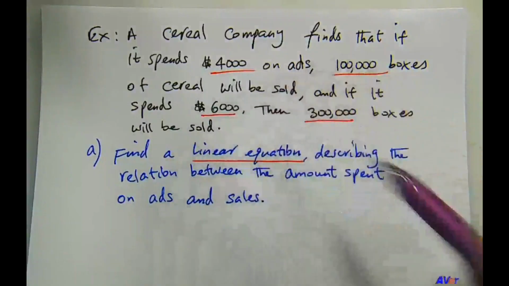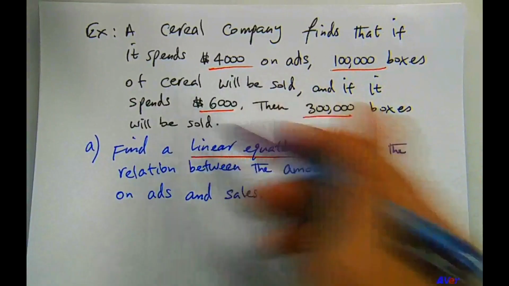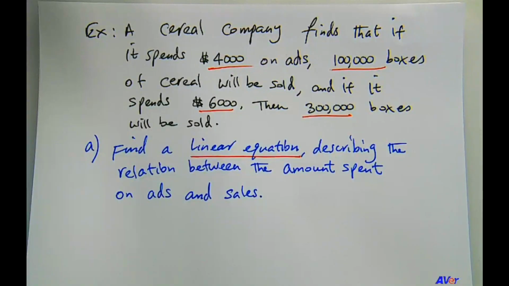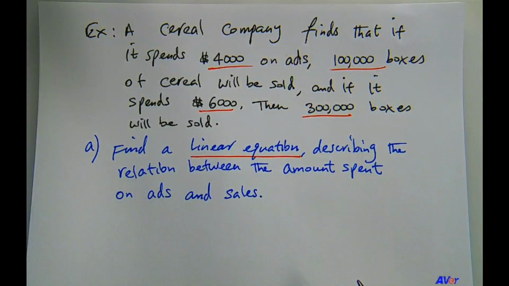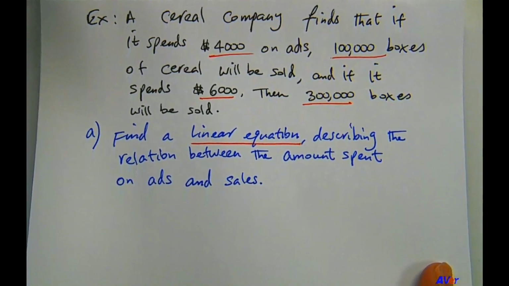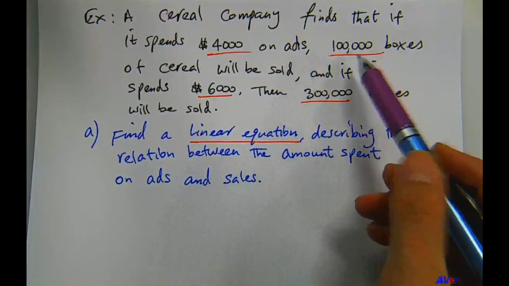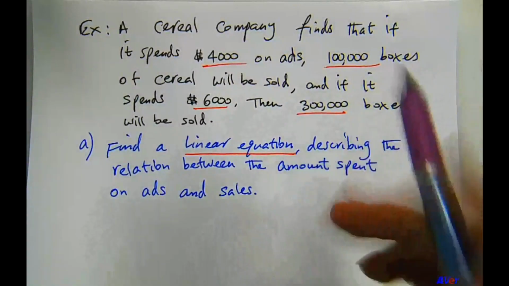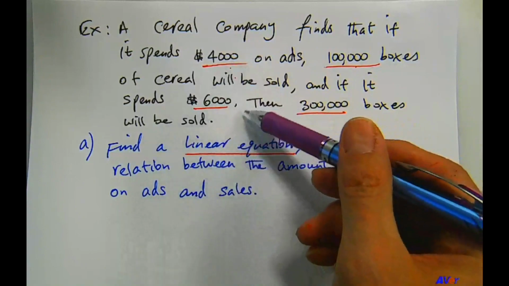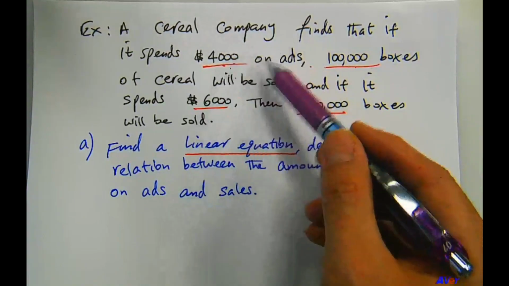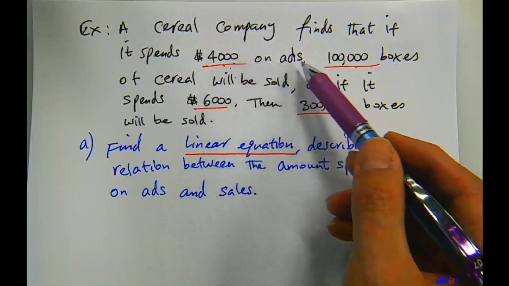So there's definitely a relationship between those quantities. This question then is, which one is the independent variable and which one is the dependent variable? What depends on what, so to speak, right? So it appears that the sales of boxes of cereal depends on, according to this problem, how much money the company is spending on ads.